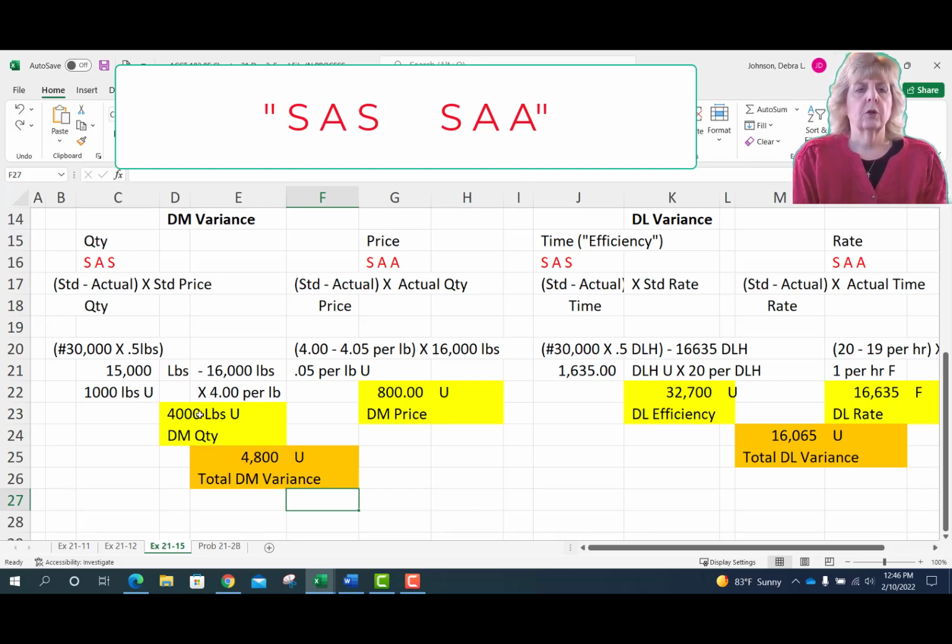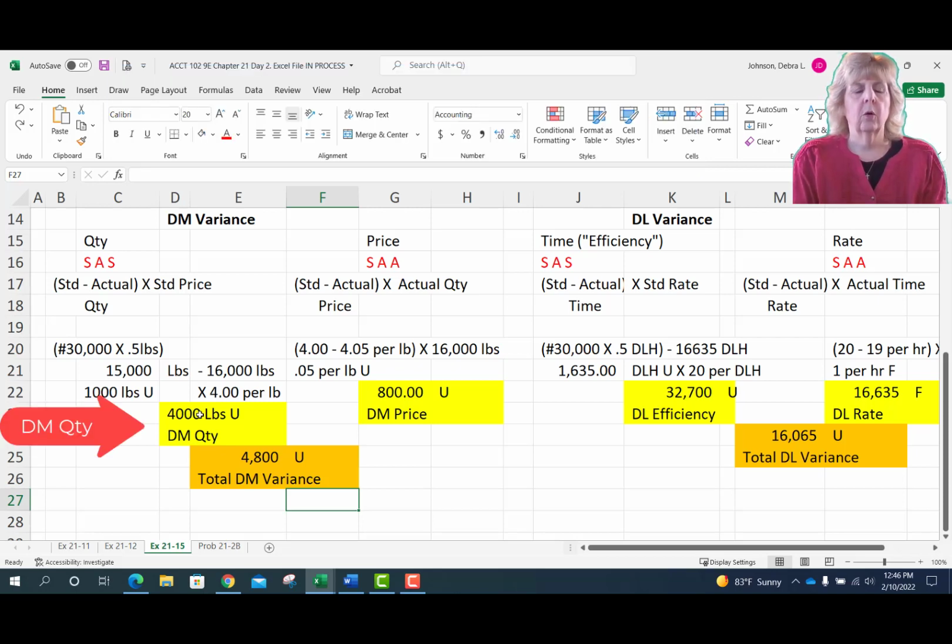As far as the direct materials go, there was an unfavorable quantity variance of $4,000. There was an unfavorable price variance of $800. When combined, that meant the total direct materials variance was $4,800.